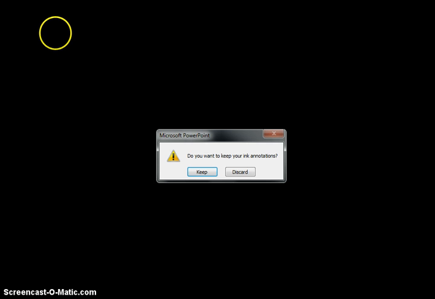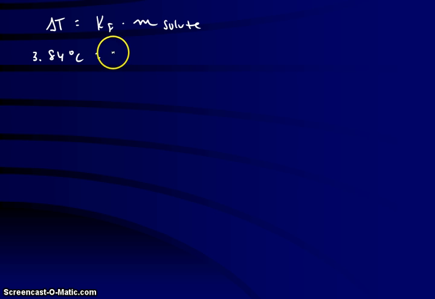All right, so first we have our equation. We've got delta T for our freezing point equals Kf times the molality of the solute. Well, it tells us what the freezing point temperature changes by: 3.84 degrees Celsius, and that's an absolute value.